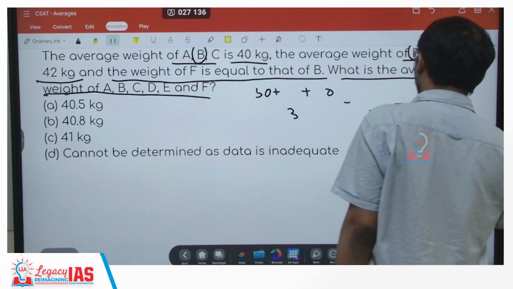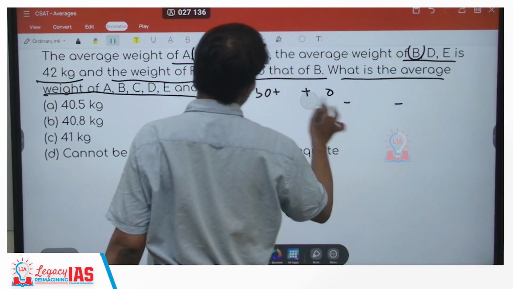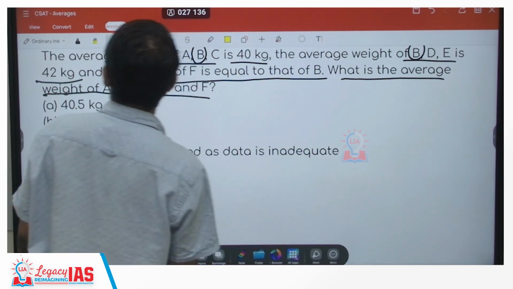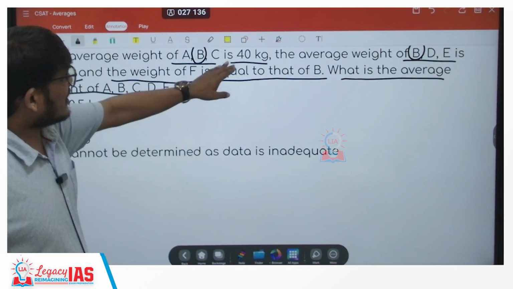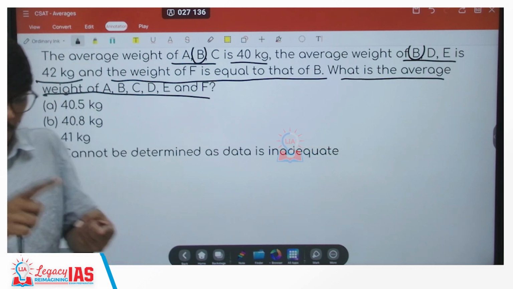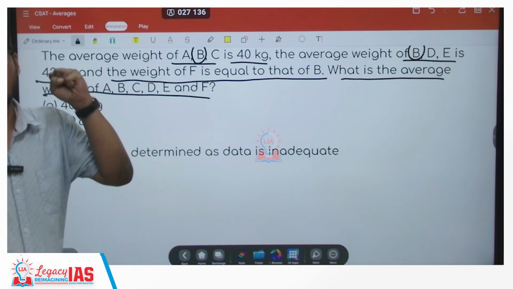The average is 40. So on an average, each one of them is 40, 40, 40. That is why the average is coming out to be 40. That is what is meant by average being 40. So since each average is 40, if you add A plus B plus C, what should it give you? 40 plus 40 plus 40, that is 120.